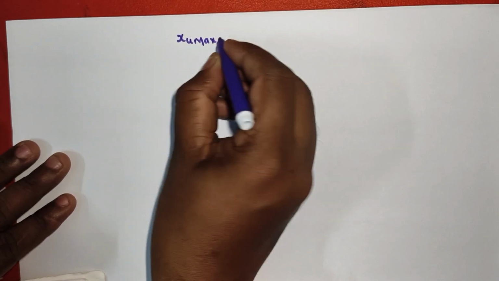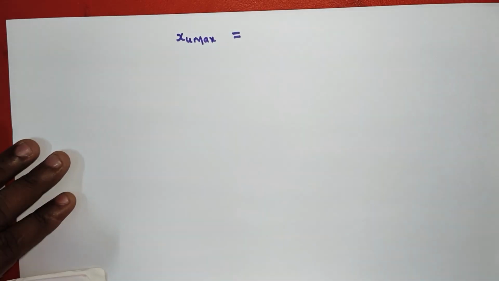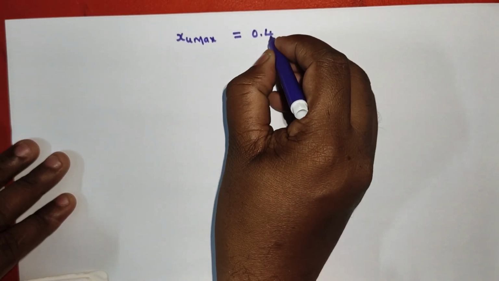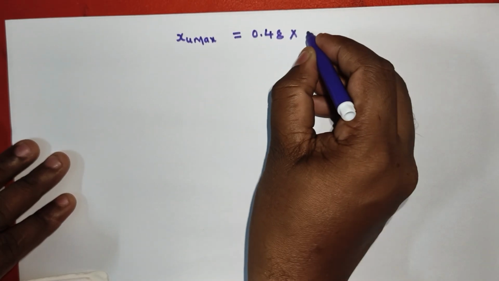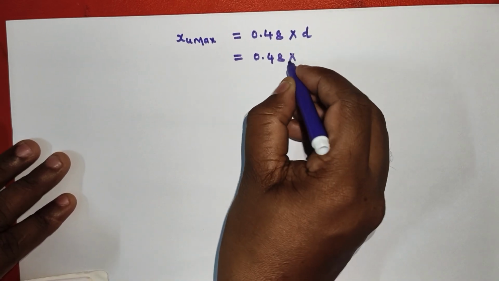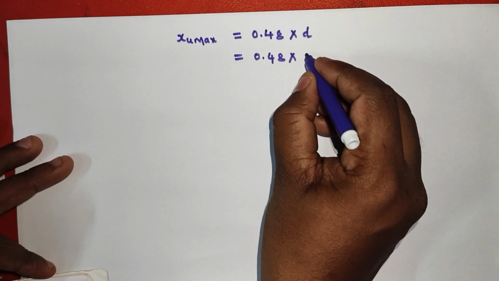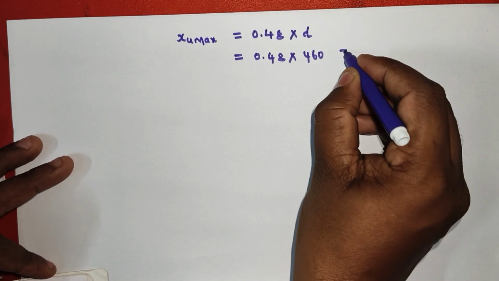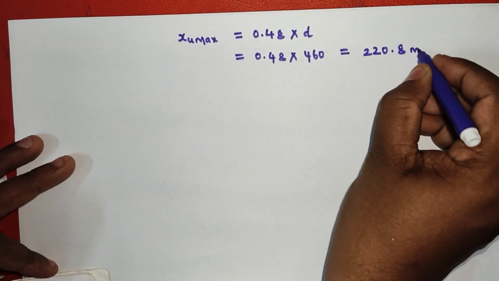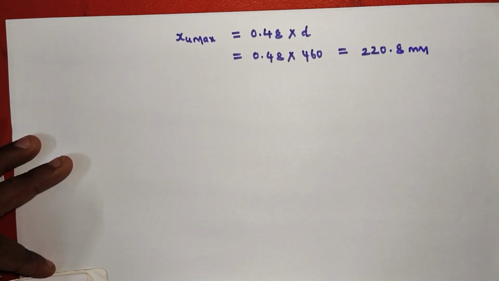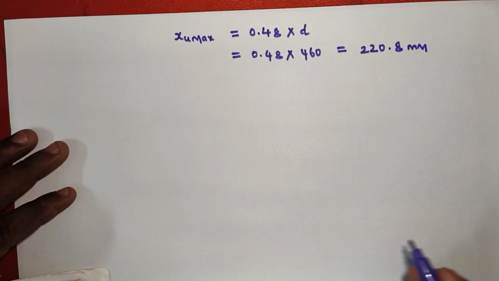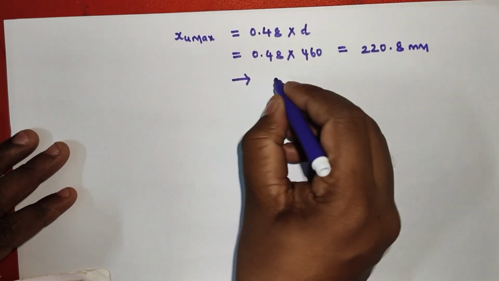This is Fe 415 steel, right? For Fe 415 steel, xu max is 0.48 into d, that is 0.48 into 460, which is equal to 220.8 mm. Since xu is less than 220.8 mm, it is an under reinforced section.